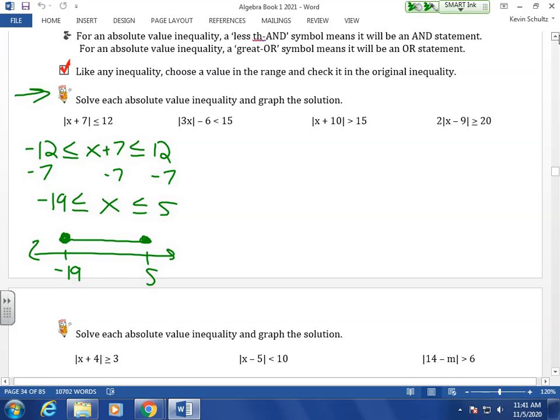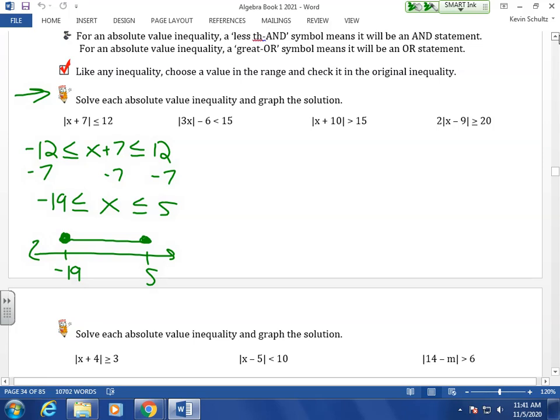Can we look at the third one? Yeah. The third one. The absolute value of x plus 10 is greater than 15. We kind of had a similar example to this up above. It was x minus 10, I think, but greater than 7. But what does this mean? Okay, what type of statement do we have? And how do we write it?